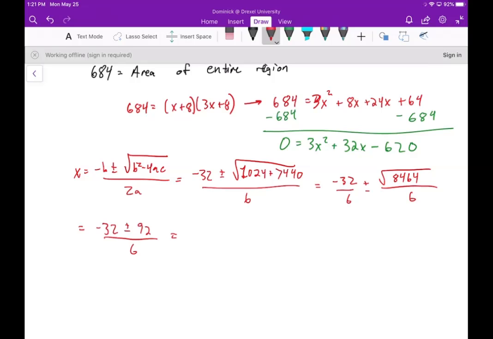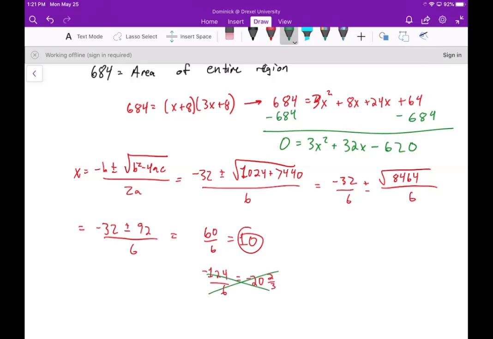So it looks like for x, we're going to get negative 32 plus 92, which is 60 over 6. So we get 10. And if we subtract 92, we're going to get negative 124 over 6. And of course, this won't make sense, but just for completeness, this is going to be negative 20 and 2/3.